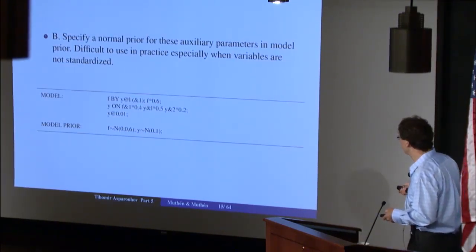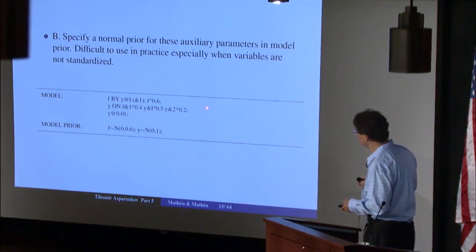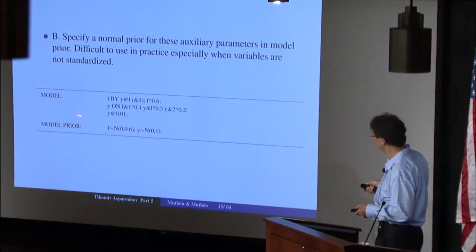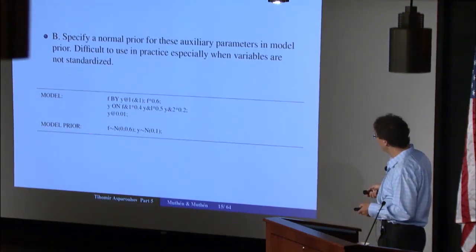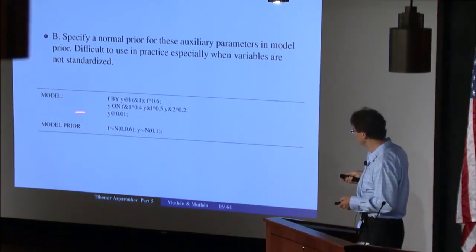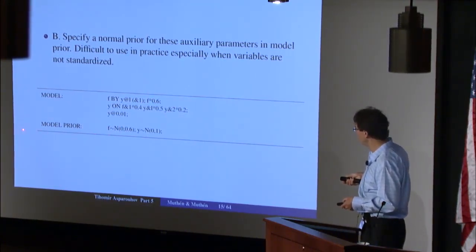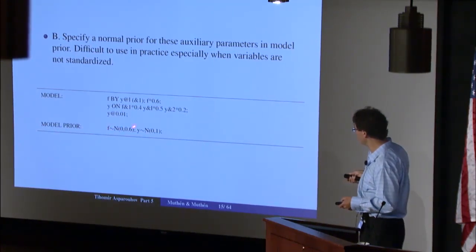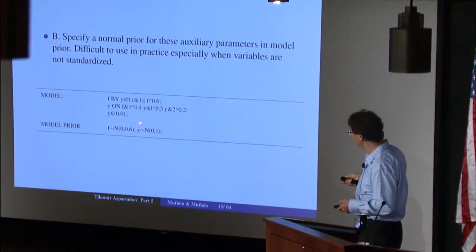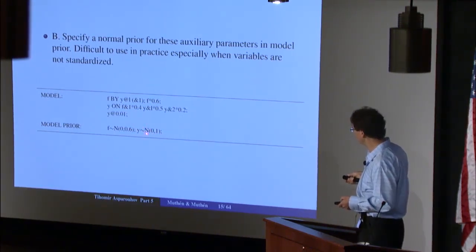The second approach, which is available to you, is that you can actually specify your own priors for these initial conditions in the model prior statement. The model prior statement generally is used to specify the priors for the model parameters, but with DSEM models, you can also use actual variables from the model. So f is a factor here, you can use the variable from the model and specify a prior, and same thing for the dependent variable y here.